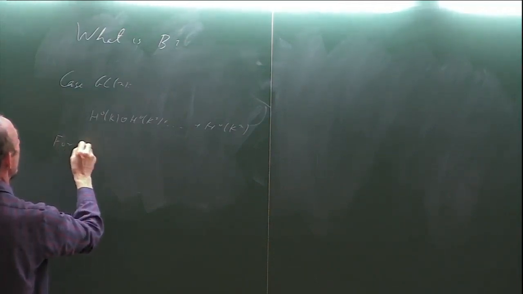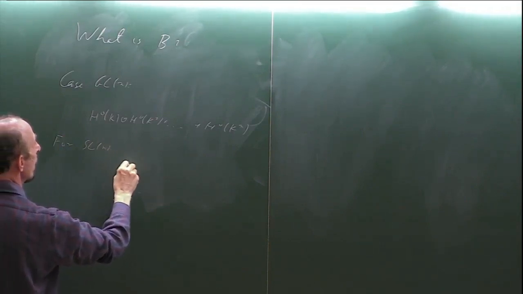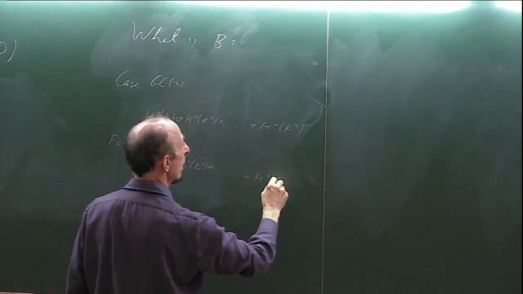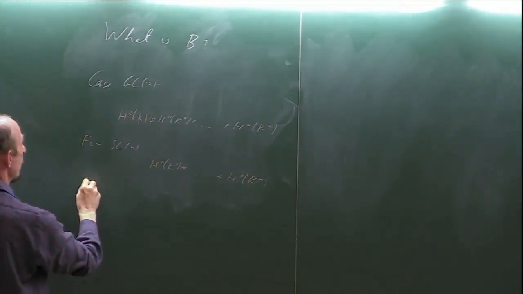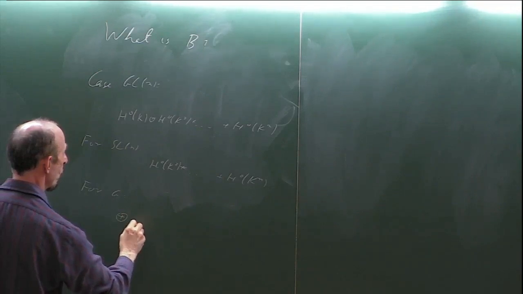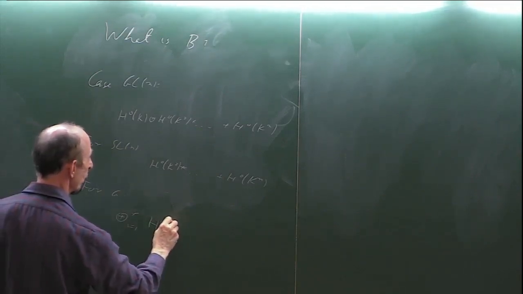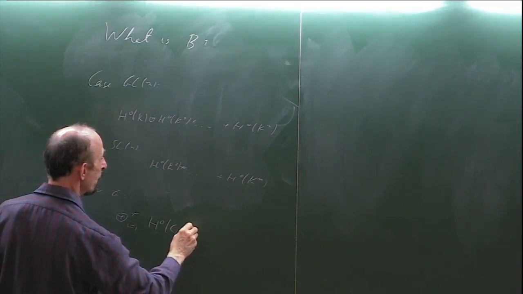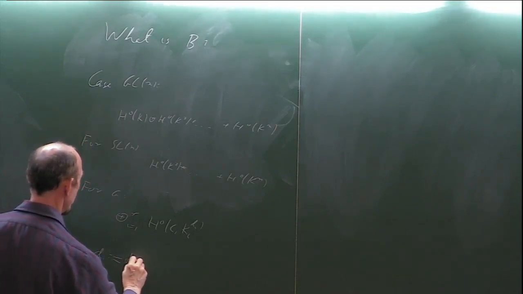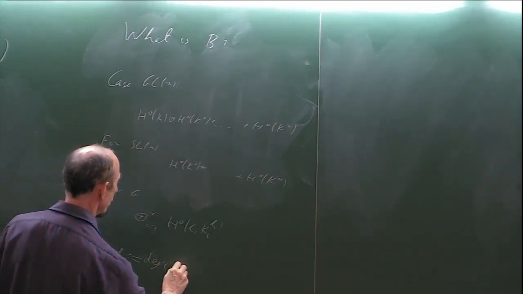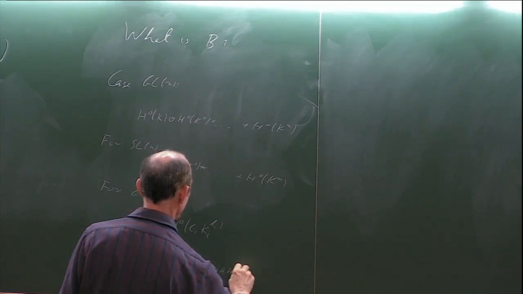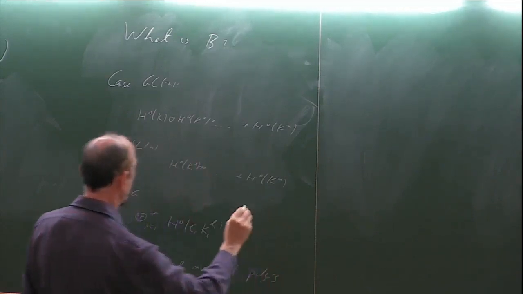For SL_N, you skip the first term, you start from K squared, and you go to K to the N. And for a general G, it's going to be the direct sum, i going from 1 to the rank of the group, of global sections on the curve of K to the power d_i, where d_i are the degrees of the invariant polynomials.